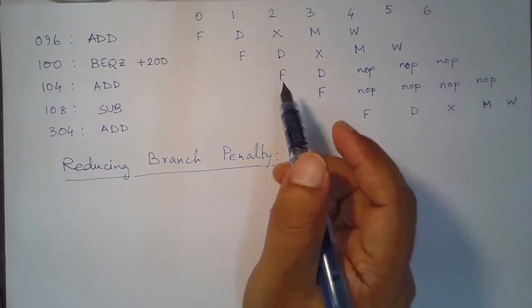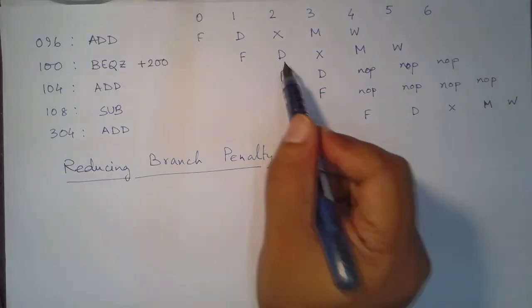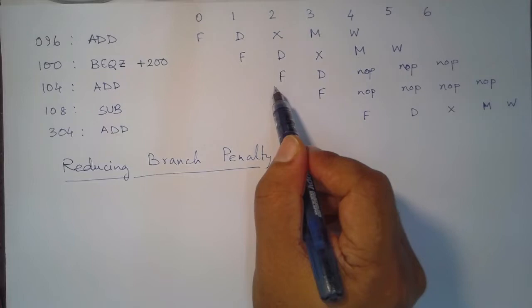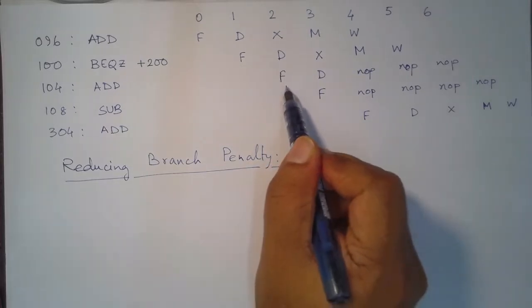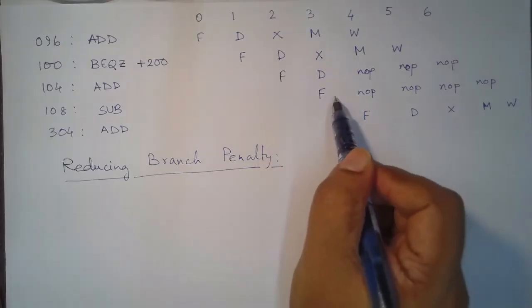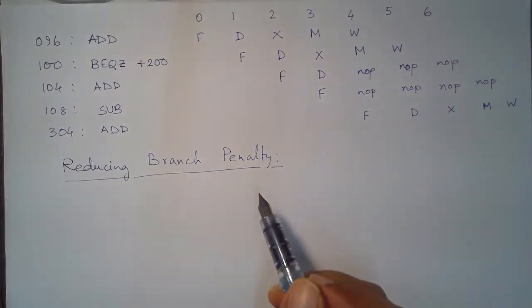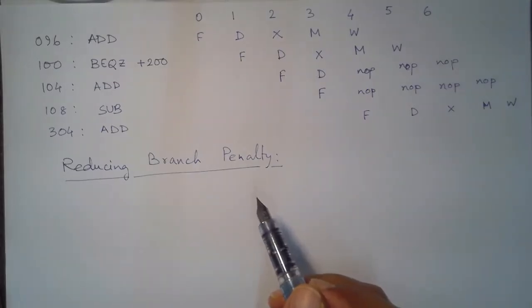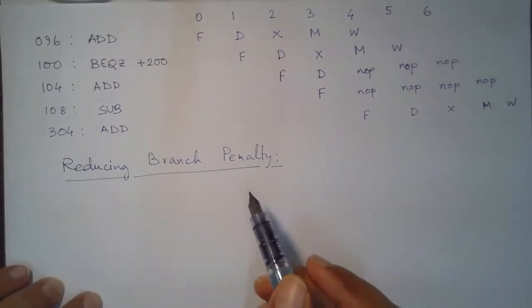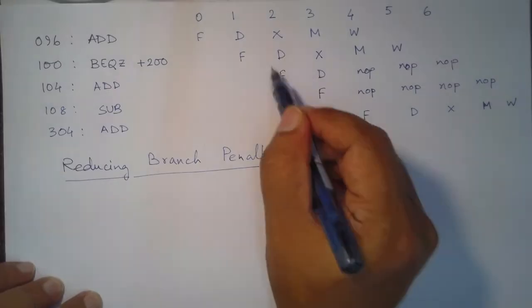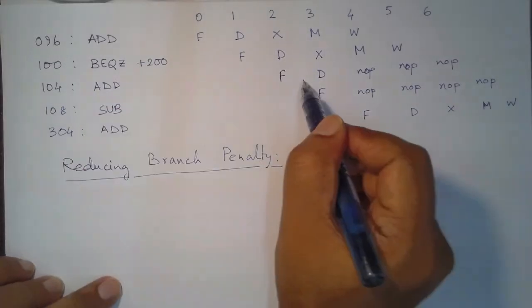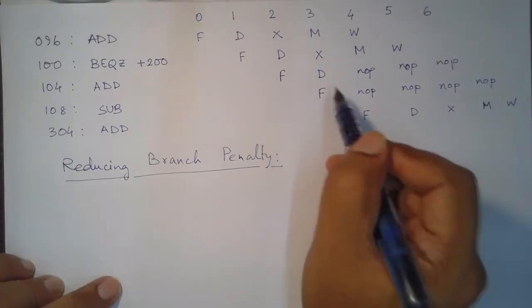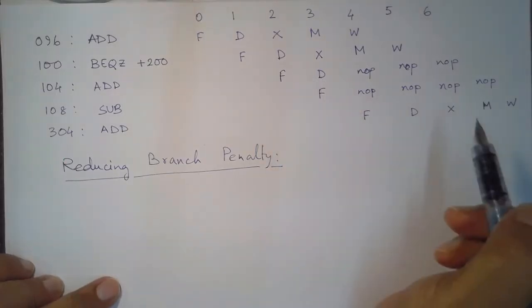If we can do that, then we can reduce the branch penalty from 2 instructions to 1 instruction, because by the time the decode is happening, we will know the branch outcome. So if we can do something additionally in the decode stage to figure out the branch outcome, then the penalty can be reduced to 1 instruction.